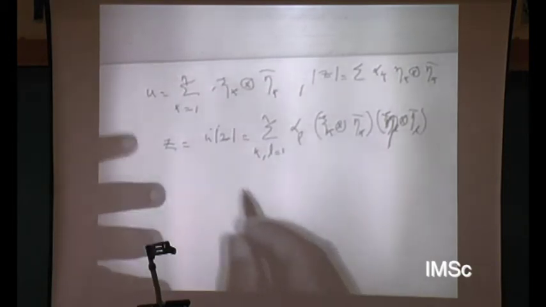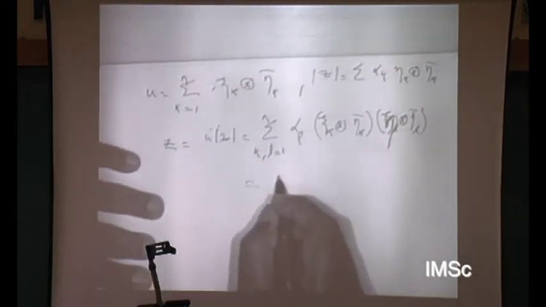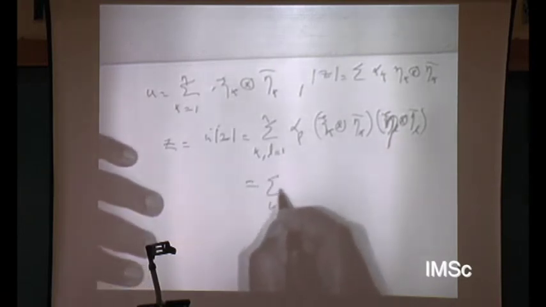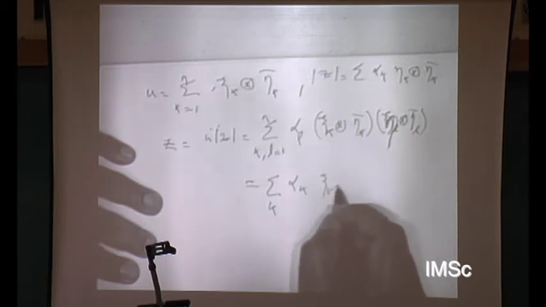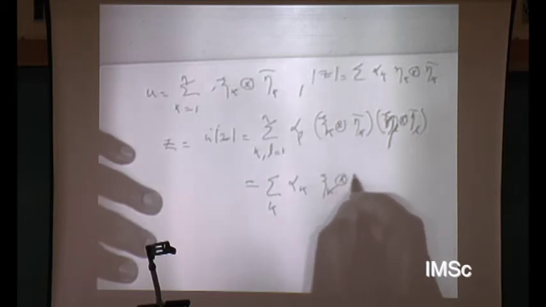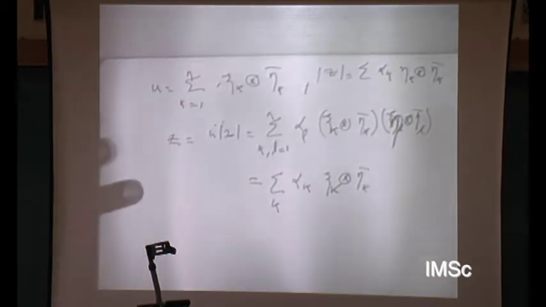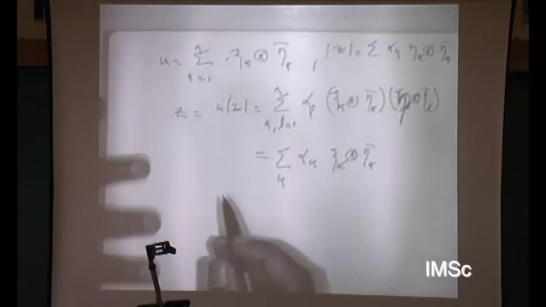So it will be exactly sum over k, alpha k, psi k tensor eta k bar. So we know what any finite rank operator looks like. Okay.